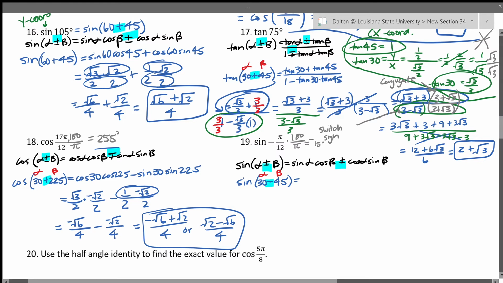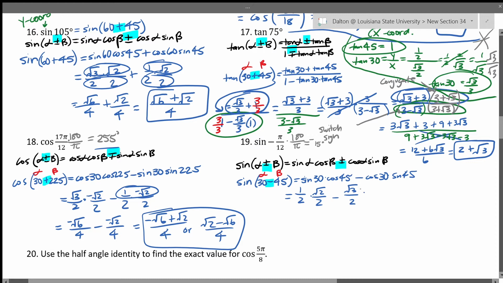Then this will be the sine of 30 times the cosine of 45 minus the cosine of 30 times the sine of 45. Using my unit circle knowledge of these coordinates, the sine of 30 is 1/2. Cosine of 45 is square root of 2 over 2. Minus cosine of 30 is square root of 3 over 2.